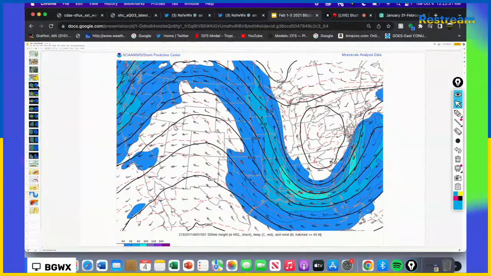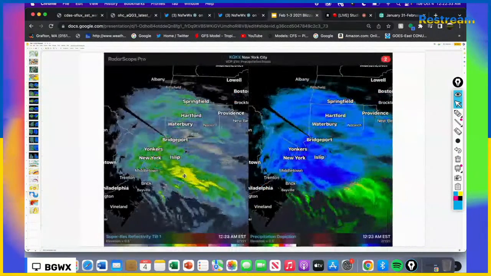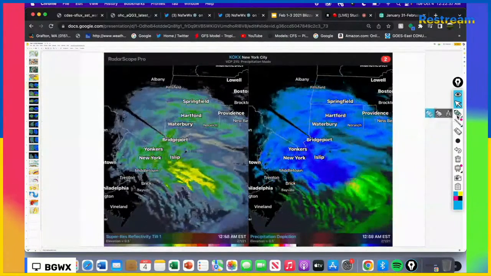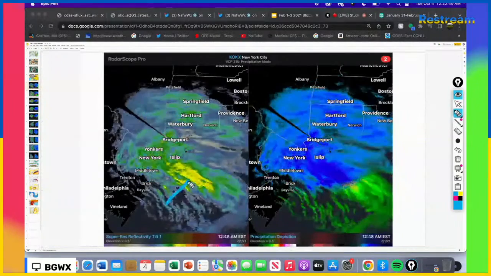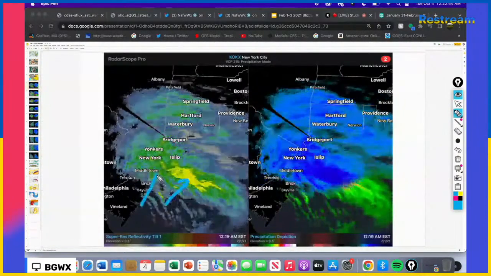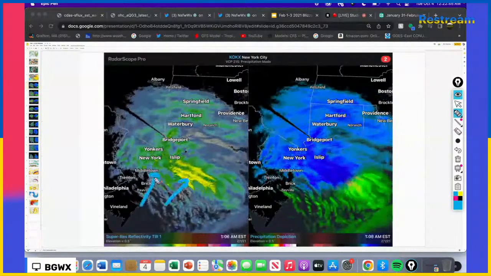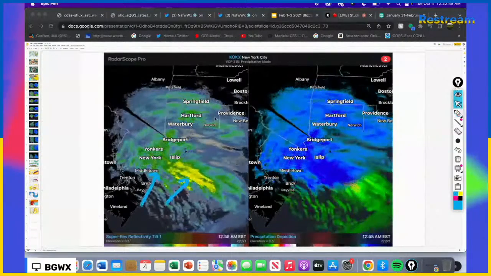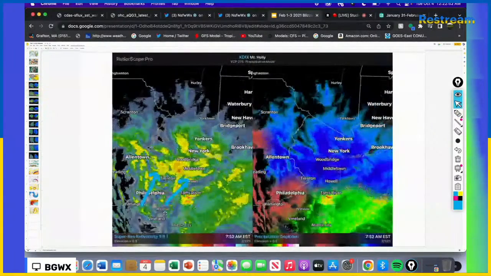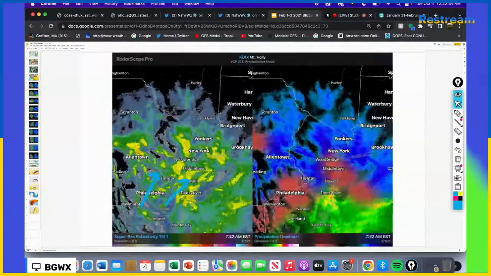And this is how we can connect it on radar. So notice the flow of the moisture. It's moving this way. And now notice moisture is getting pumped this way.